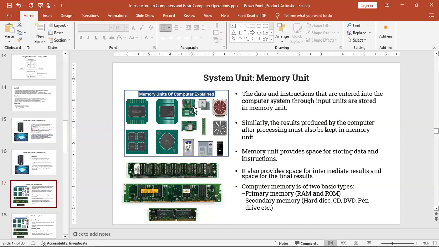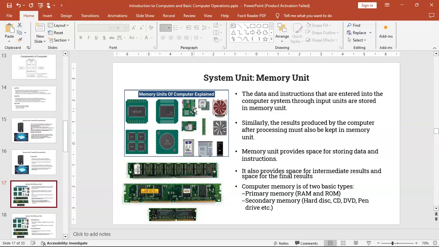So this is what happens. When you send the first data or instruction to the central processing unit to process, and you send the second one simultaneously, the second one is stored temporarily somewhere. And that temporary location is the memory unit. So once it's done with the first instruction, the instructions are being queued up, piled up.